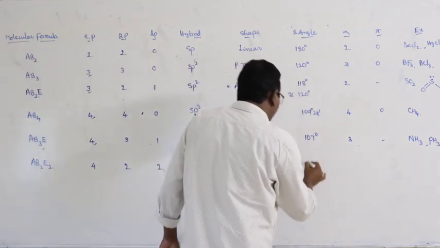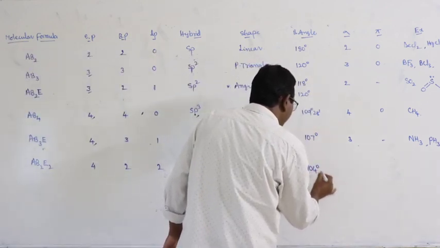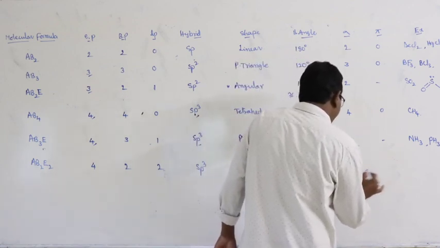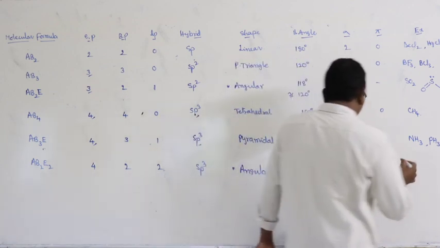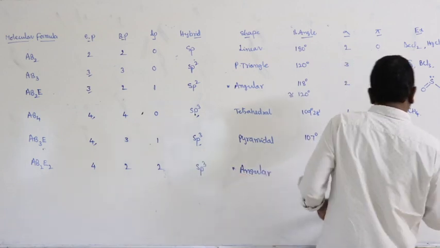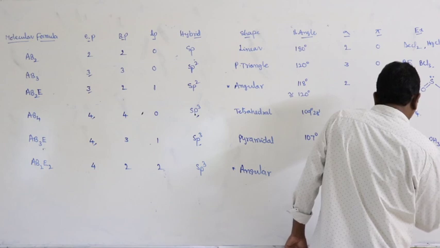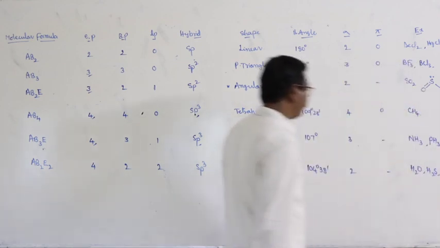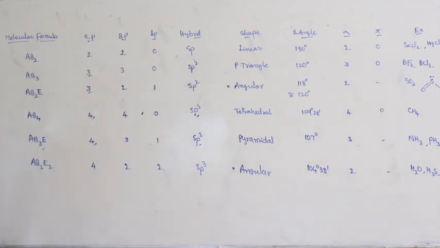But here the ideal bond angle would be 180 degrees, but this is 104 degrees 38 minutes. Number of sigma bonds 2. Examples: water, H2S, etc. This is about AB2E2.